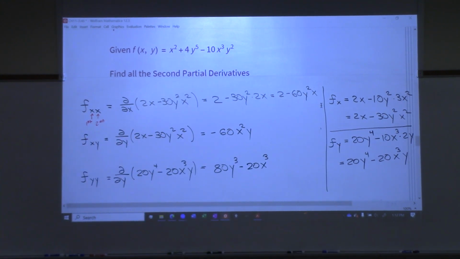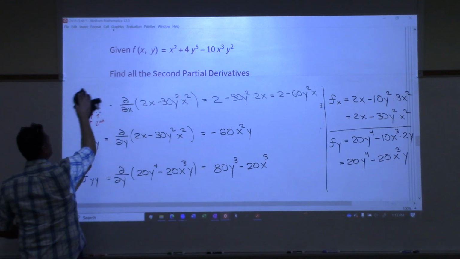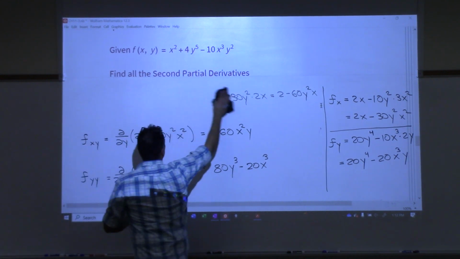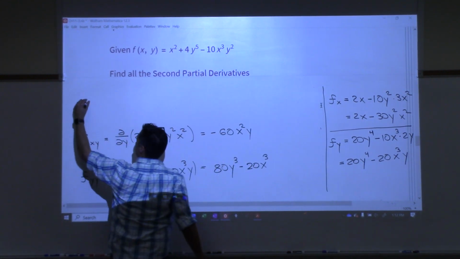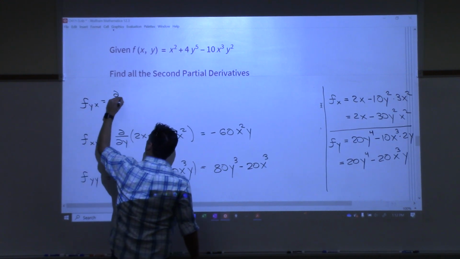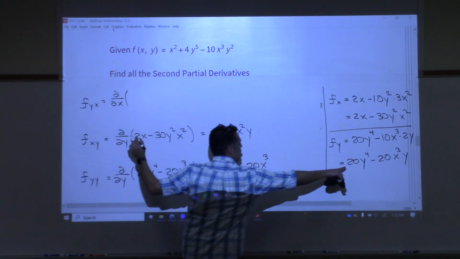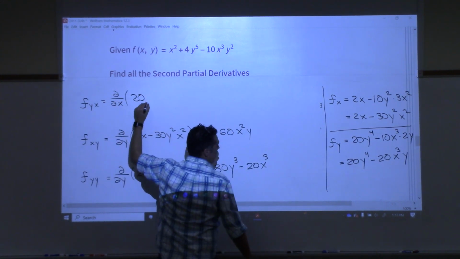All right, one more. Partial with respect to y then x, right? That's the last one. I'm going to leave this one on the board. I'm going to erase this one. We want the partial with respect to y then x. That's our fourth one. So that's the partial with respect to x of the one we already did, which was this one, partial with respect to y.